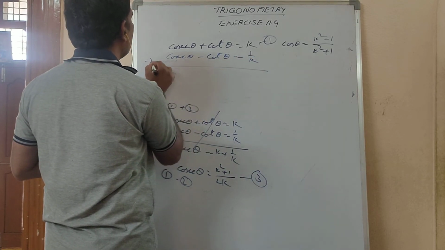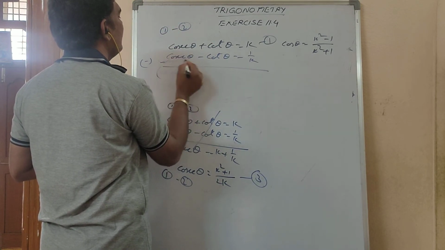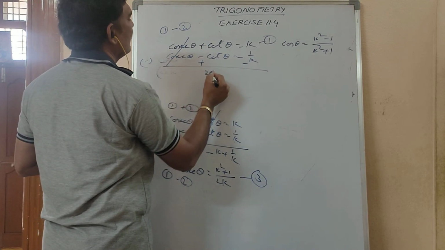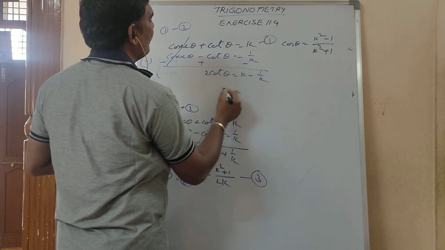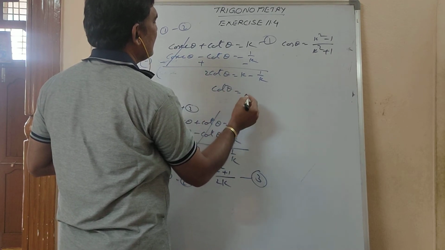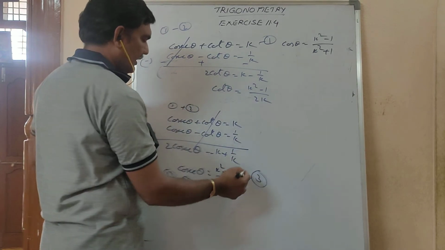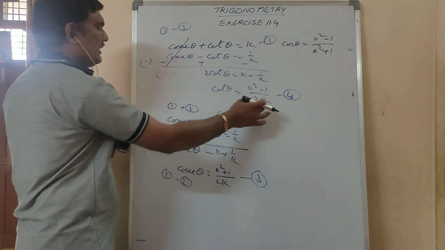What I am doing is subtraction, 1 minus 2. Symbols will be changed and these two will be cancelled. 2 cot theta is equal to k minus 1 by k. If I make cot theta the subject, it is (k square minus 1) by 2k. It is the fourth equation. It is third, it is fourth.